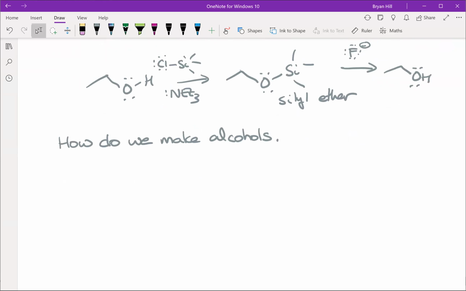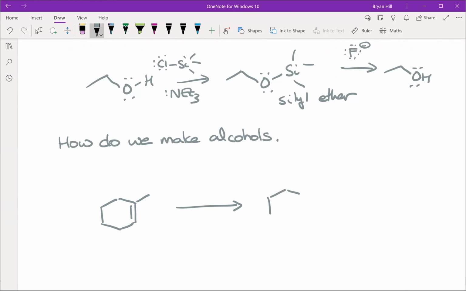Right, so if you start with an alkene, let's start with this alkene. Let's start with a different one. You can make an alcohol.